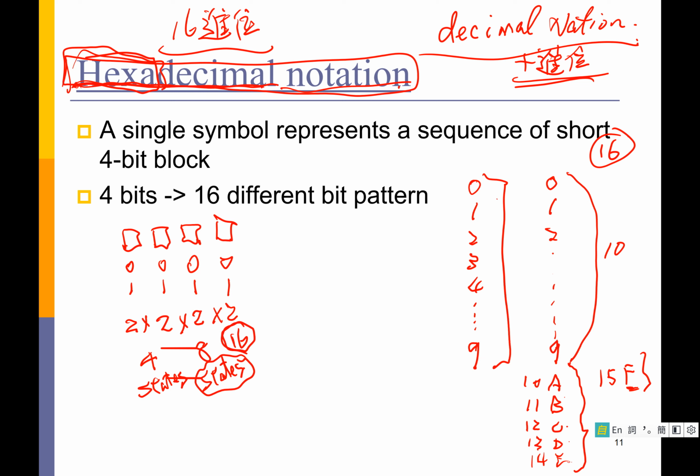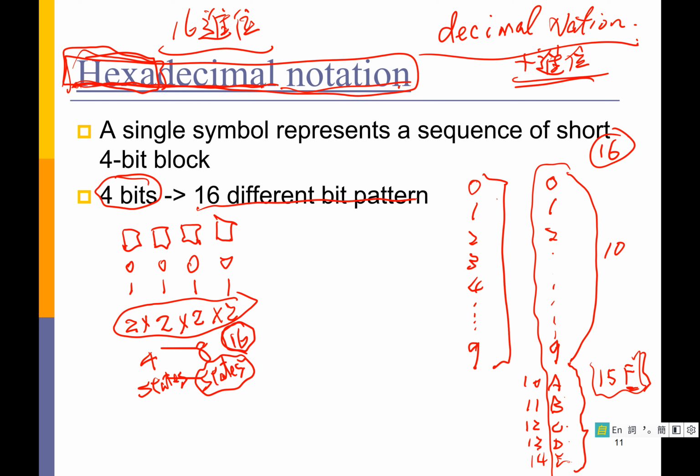Now, in order to represent these 16 symbols, we require 4 bits, to represent 16 symbols, or we can call it 16 different bit patterns.